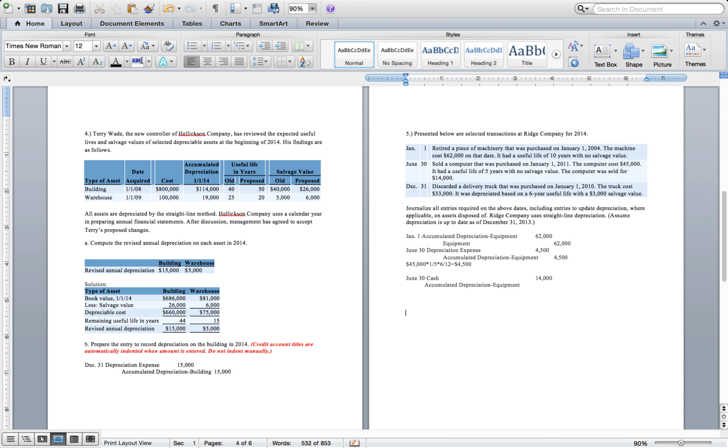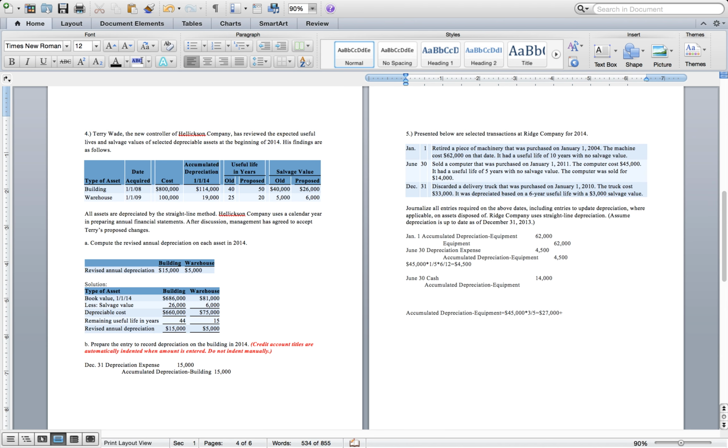Let's see how much we're going to have here for this accumulated depreciation equipment. Well, we start with the first part. We know it's $45,000, and multiply it by how much time has gone by, times 3 divided by 5. So that will equal $27,000.